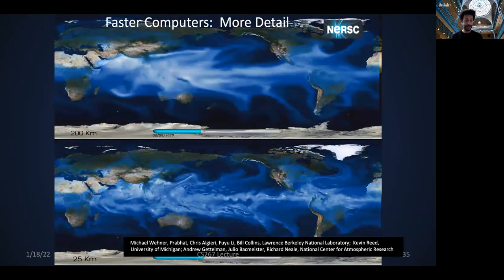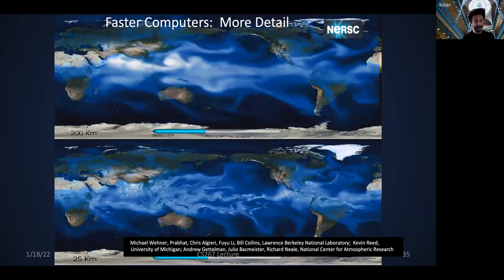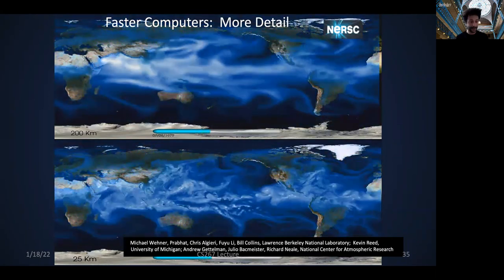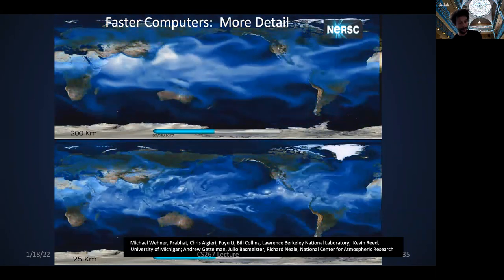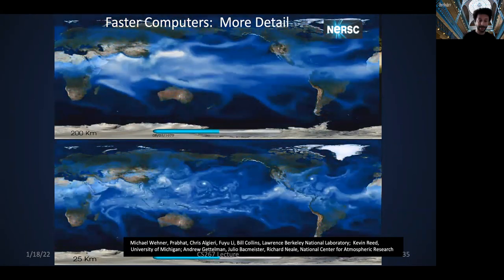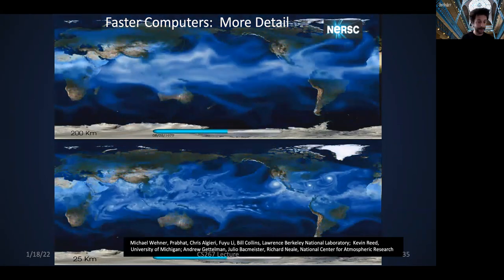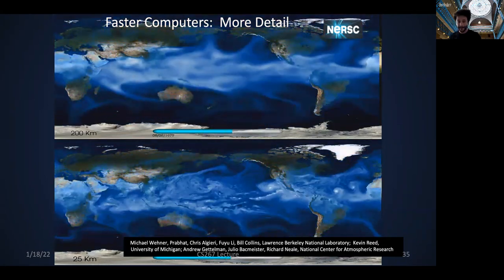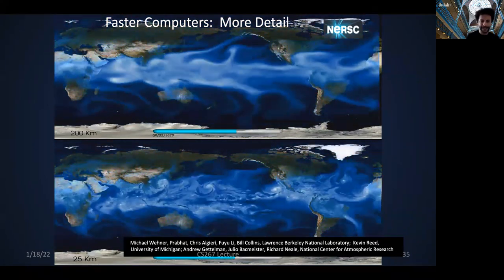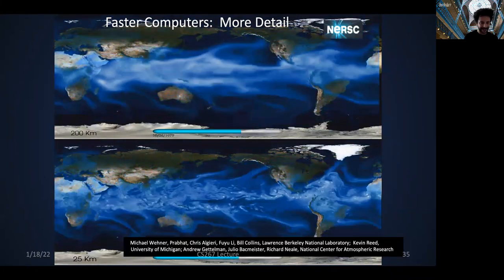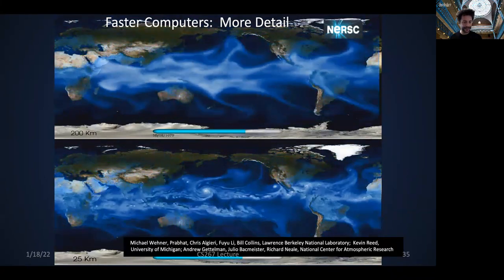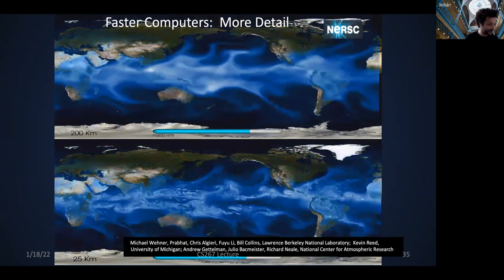And at the bottom is 25 kilometers. So it's 8 times better resolution at the bottom. And that's enabled by the more powerful supercomputers. It's not just that it's visually more interesting, but the bottom one is visually more interesting. You can see a lot of different things that you can't see at the top.